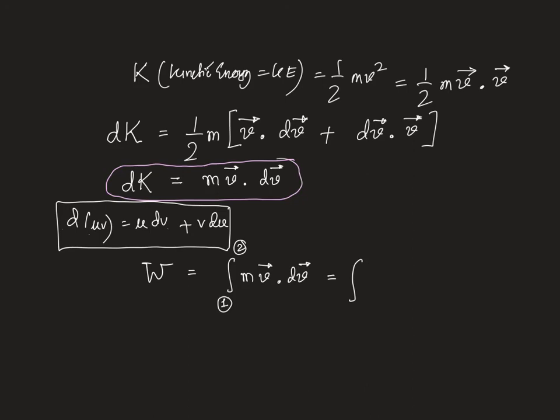We can replace m v dot dv by dK, so the limits go from kinetic energy K1 to K2. So you can write this as K2 minus K1, putting in the integration limits, so W is K2 minus K1, or KE2 minus KE1. This proves the work energy theorem for the most general case: a variable force and a particle moving in three-dimensional space.